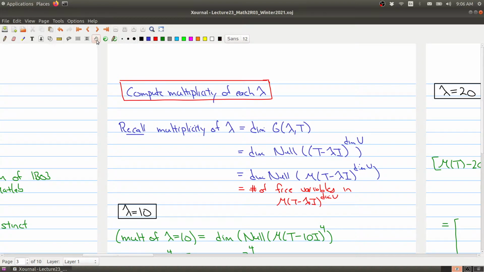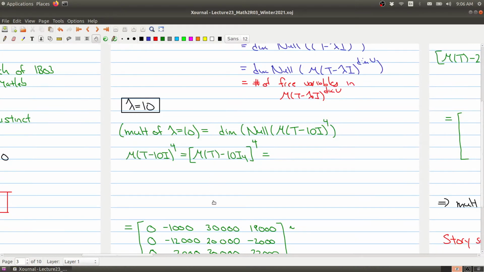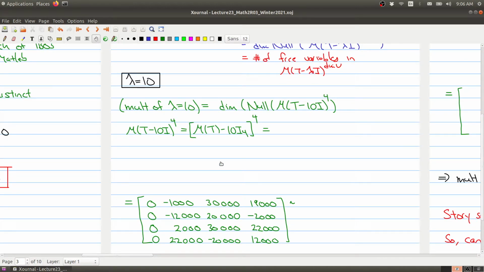Let me show you how this works by looking at our two distinct eigenvalues. When you're doing this example, you definitely want to have a computer program handy, because the example I picked blows up very quickly. From what I just wrote above, the multiplicity of this eigenvalue is the dimension of this eigenspace.